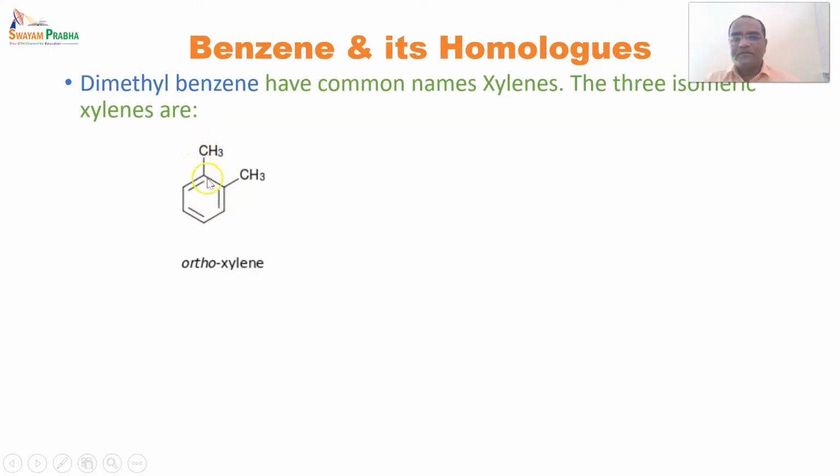So from here the numbering starts: 1, 2, 3, 4. So 4 will be para, 2 will be ortho, and 3 will be meta. After that, again fifth will be meta, and sixth will be ortho. So it is called orthoxylene.